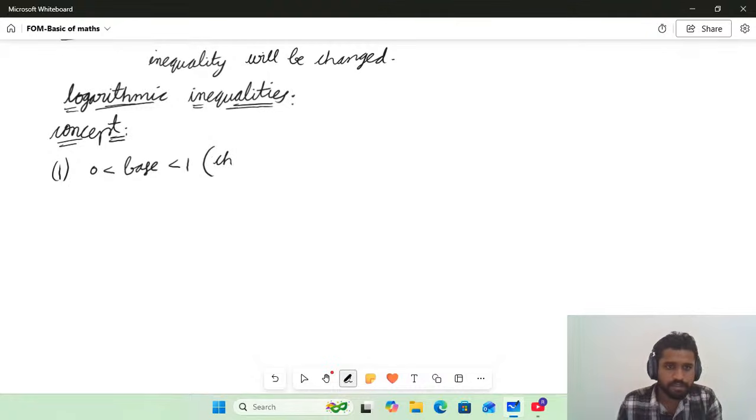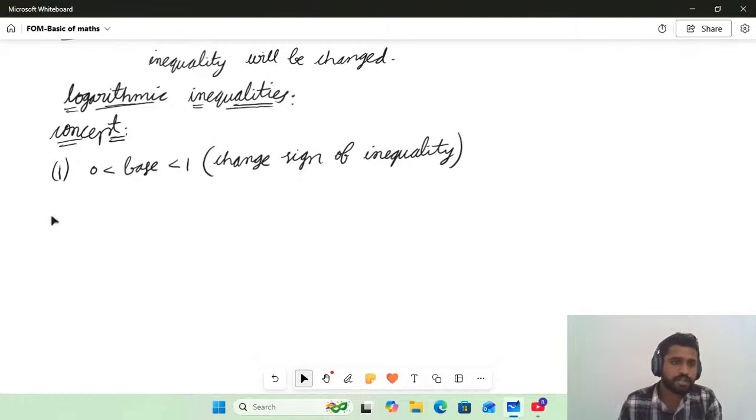Okay. If the base is lying between 0 and 1, change the sign of inequality.